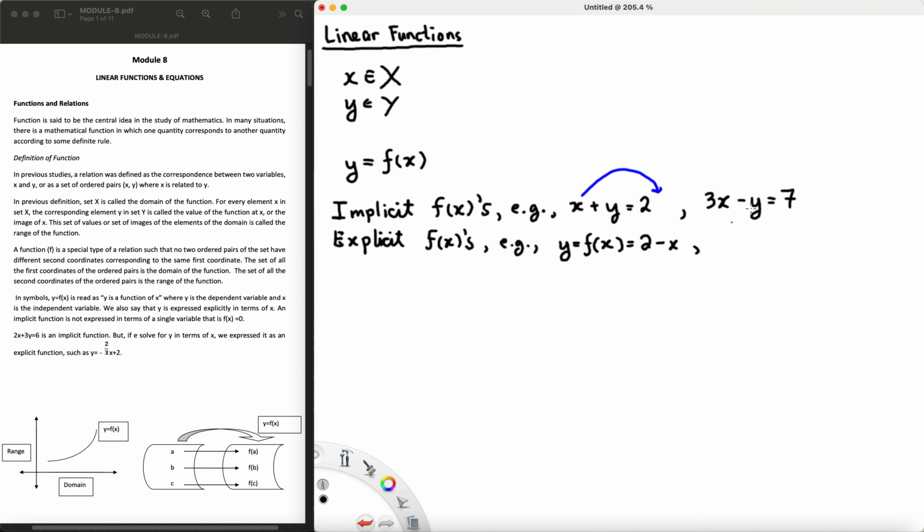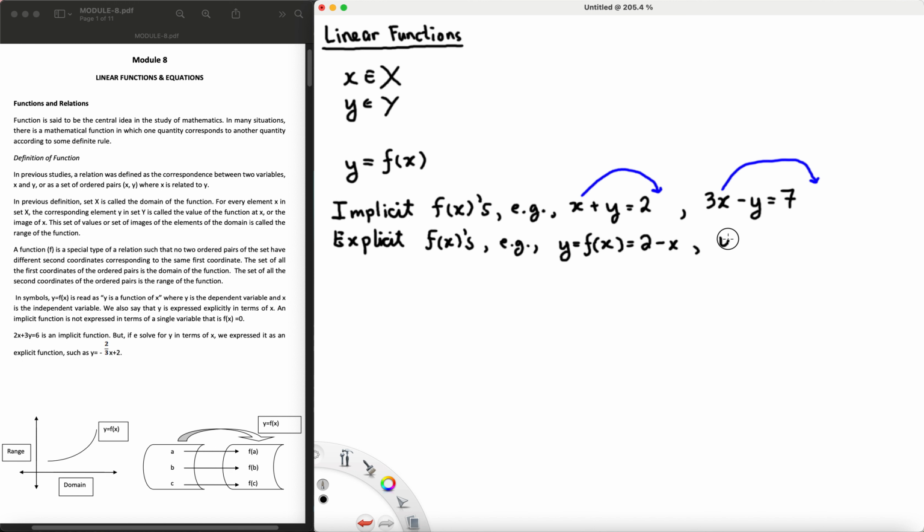Similarly, we're going to do this in the second equation. We're going to move 3x to the other side, and then make sure that the y is positive. So we need to multiply the whole equation by -1 so that we can cancel the negative sign of the y.